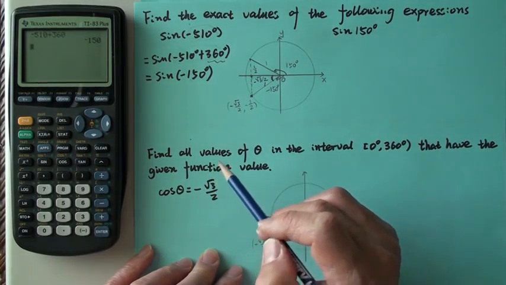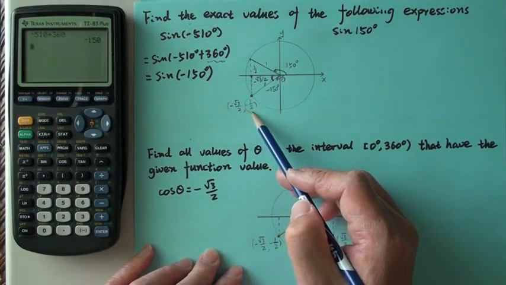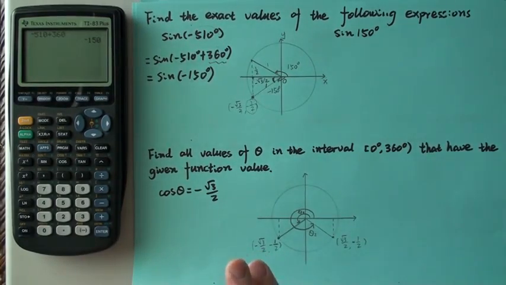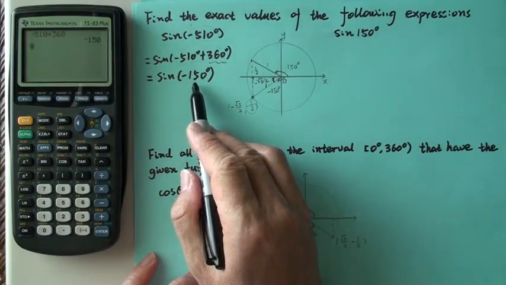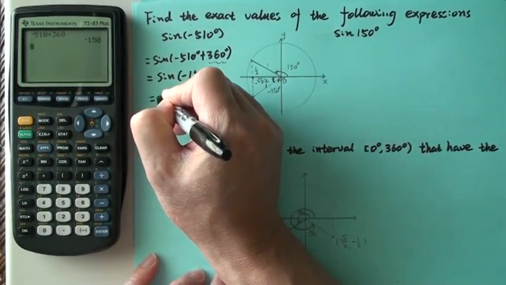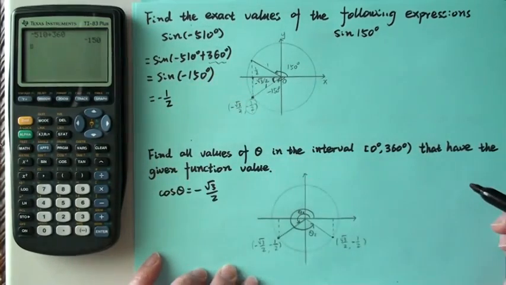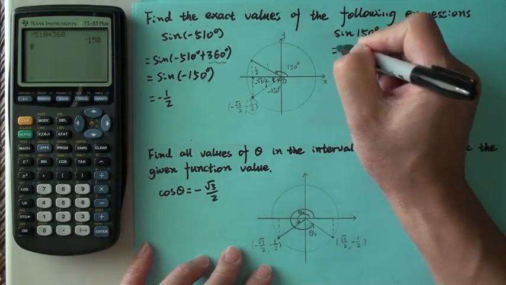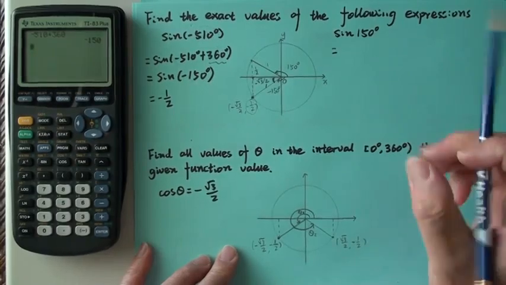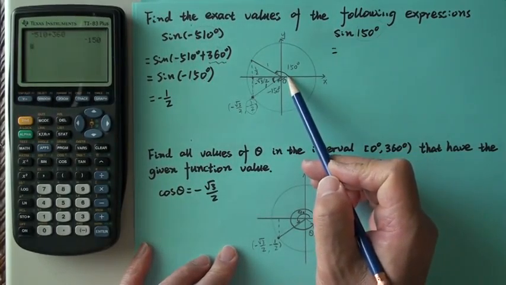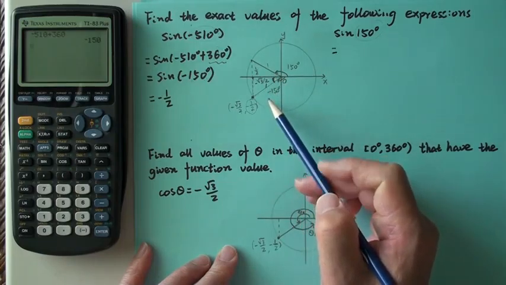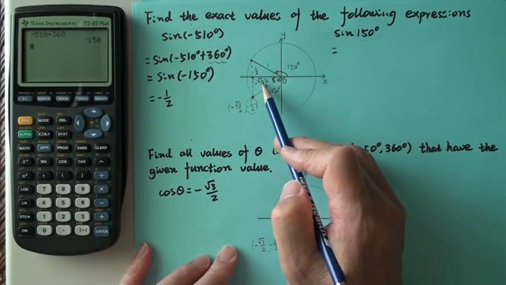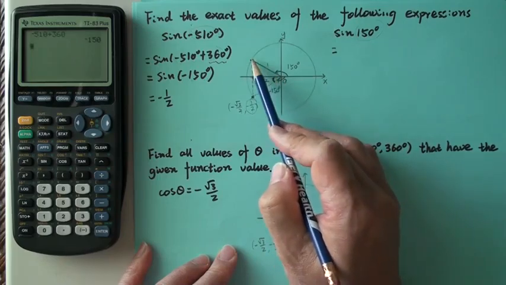So this point will be negative radical 3 over 2 for x, and negative 1/2 for y. And sine, we know, is the y coordinate. So the value for sine of negative 150 degrees is negative 1/2. For this one, on the picture, this is positive 150 degrees, so it goes counterclockwise up to this far. This point will also have negative radical 3 over 2 for the x coordinate.